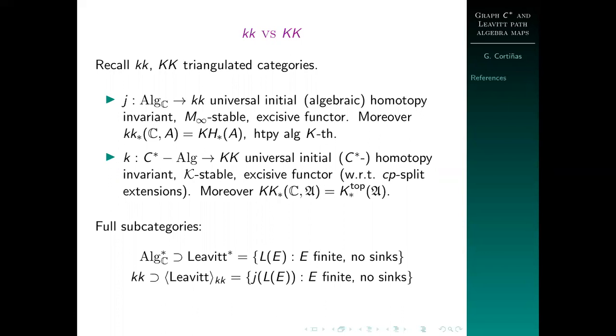And similarly, I will write Leavitt sub kk for the image of these algebras inside kk, and these are full subcategories. So I take all homomorphisms in the respective category where I put them. In the first case, I consider only star homomorphisms. In the second case, I consider all kk classes.